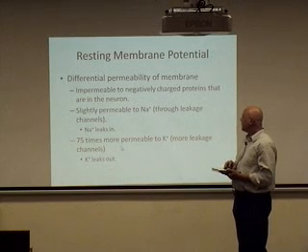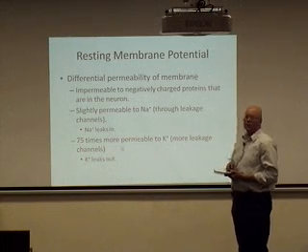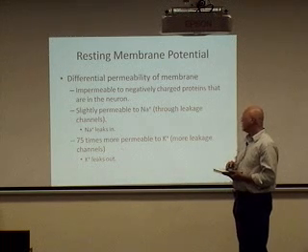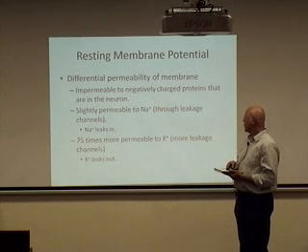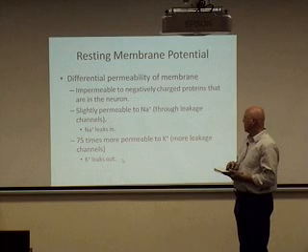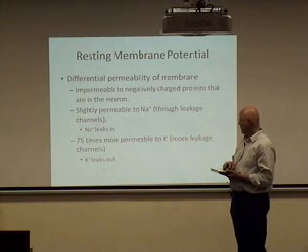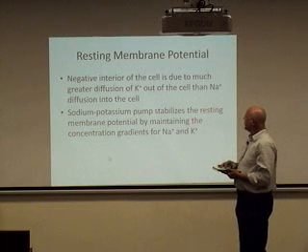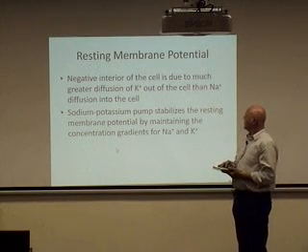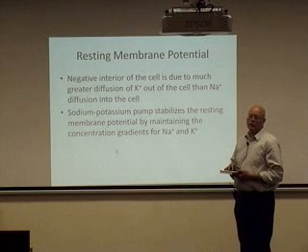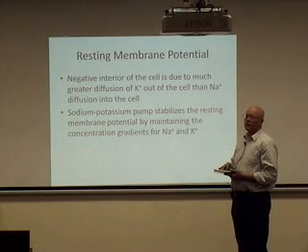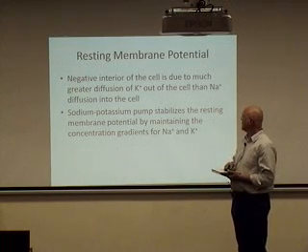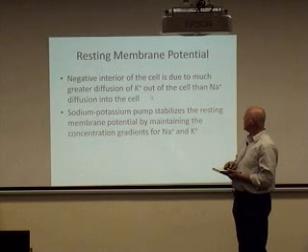But for potassium, the membrane, also through these leakage channels, is very permeable to potassium, and potassium is always leaking out. Because of those differences in the permeability of sodium and potassium, and the differences in their concentrations, we end up with the interior of the neuron slightly negative compared to the outside.